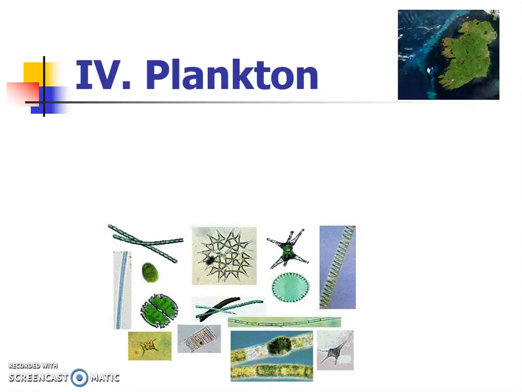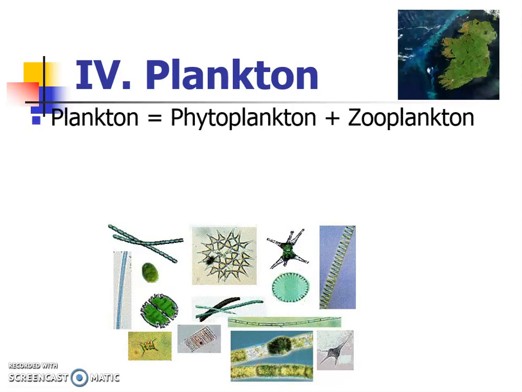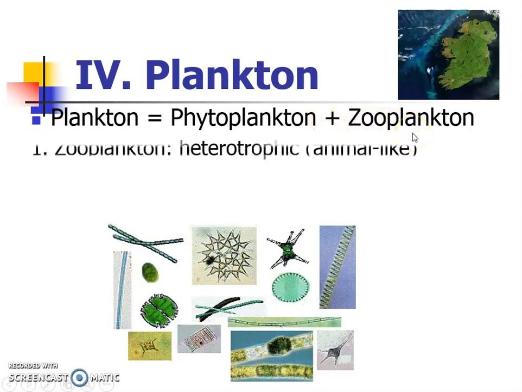So another major thing to know is a lot of people find that protists are important because a major category of them is plankton. And we might think plankton from SpongeBob or just plankton in general. But what is plankton? Well, plankton is considered the two following groups: phytoplankton and zooplankton. Phyto meaning photosynthetic, zooplankton meaning animal-like plankton.